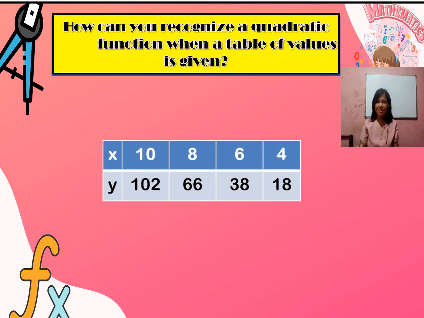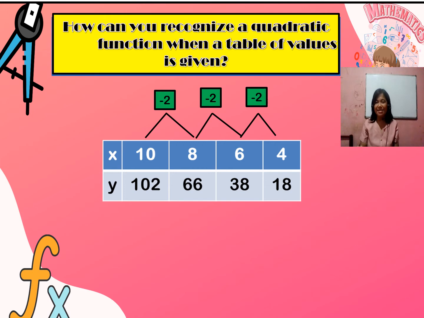Another example. So, same. Let's start with the x. So, 4 minus 6, it's negative 2. 6 minus 8, negative 2 pa rin. 8 minus 10 is still negative 2. Dahil meron tayong same, so proceed tayo with y. What is 18 minus 38?